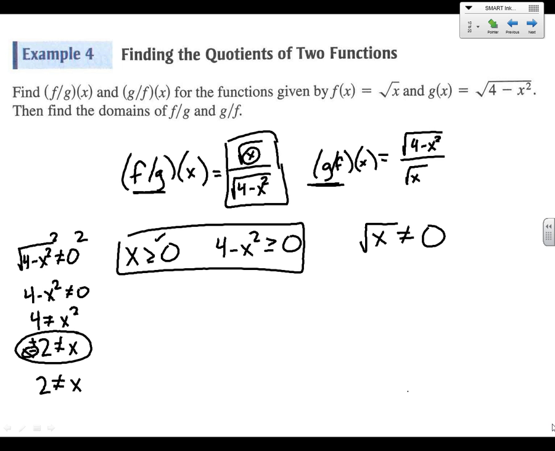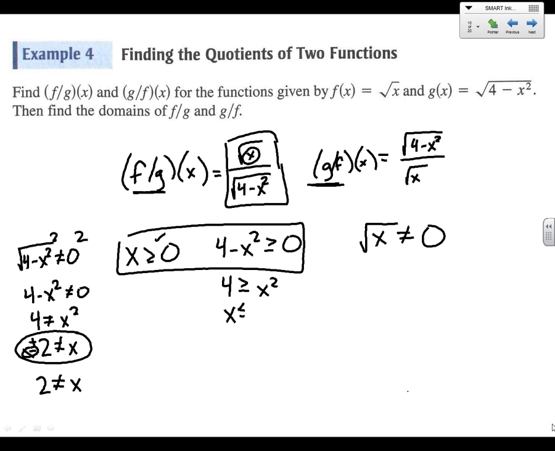And let's go ahead and solve for this one here. 4 is greater than or equal to x squared. And if we go ahead and square root, we're going to say x has got to be greater, got to flip it around.